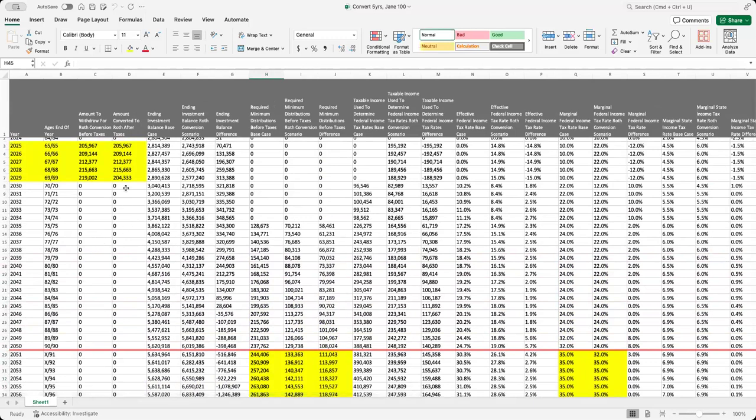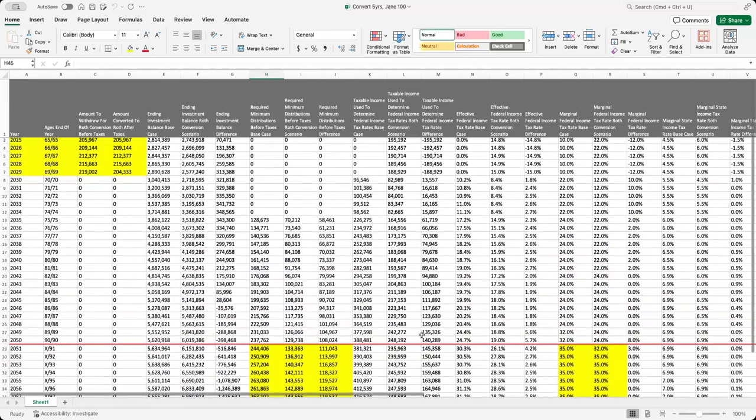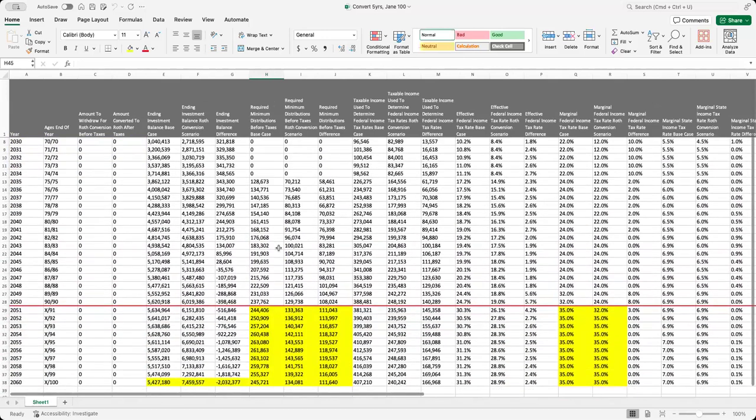All right, so as we can see up here to the left, the years and amounts to convert are the same as in our original scenario. We haven't changed anything there. And the red line that you can see here is just to mark the point when David passes away so that we can see what happens to the taxes when Jane is left on her own.